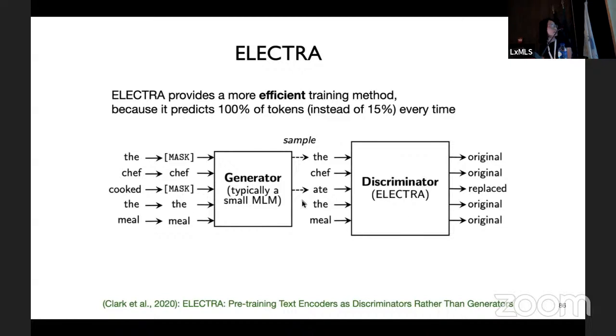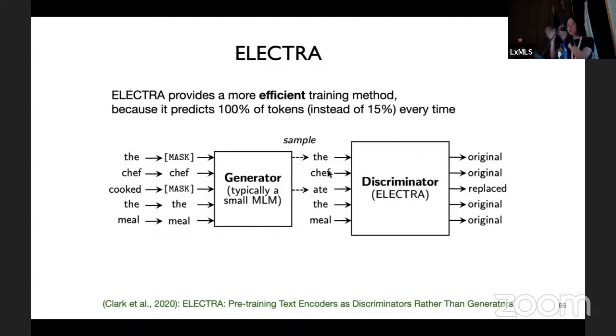If you take the input, let's say the chef cooked the meal, you still do masking. Then you use a much smaller masked language model to predict what words to fill in for the mask tokens. For example, the chef cooked the meal becomes the chef ate the meal. You can see the is the same as the original word, but ate is a reasonable word that is not the same as the original word cooked.